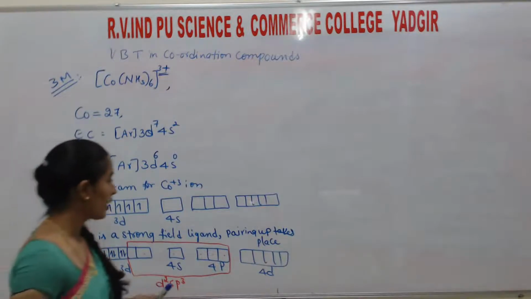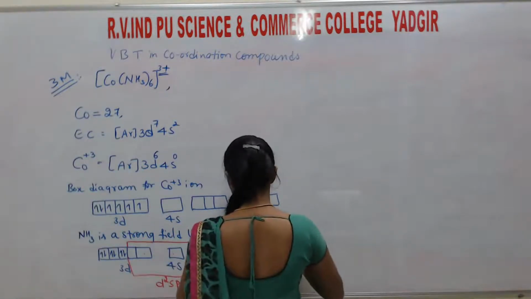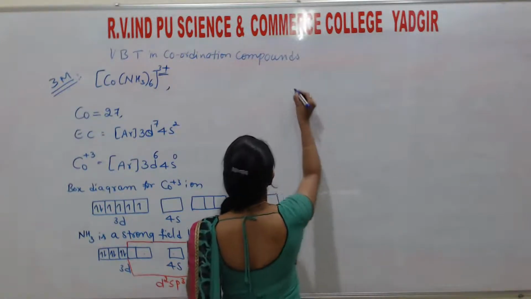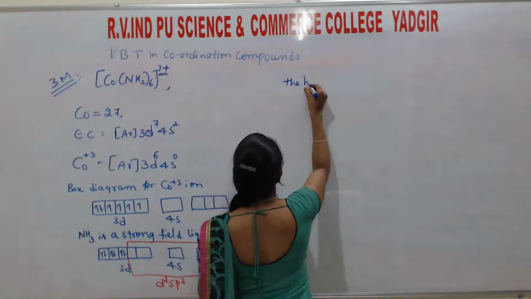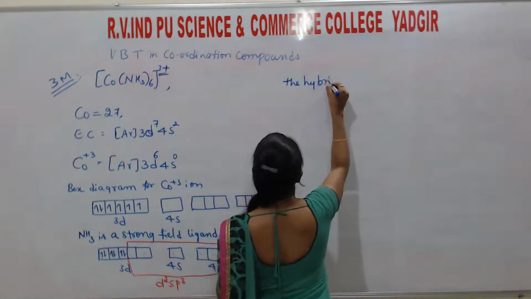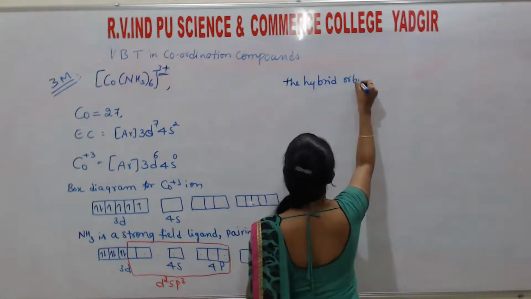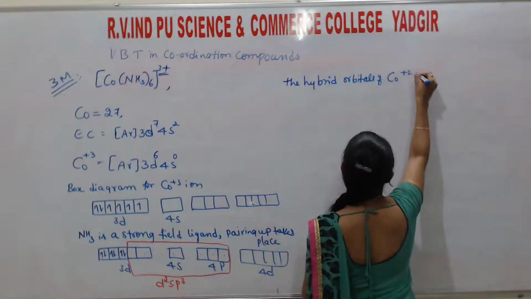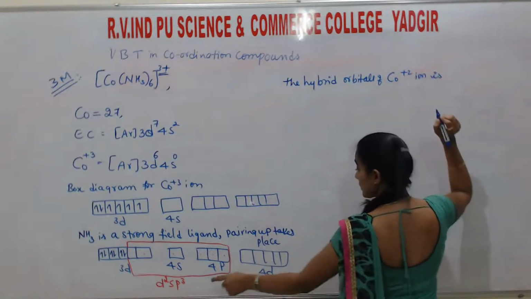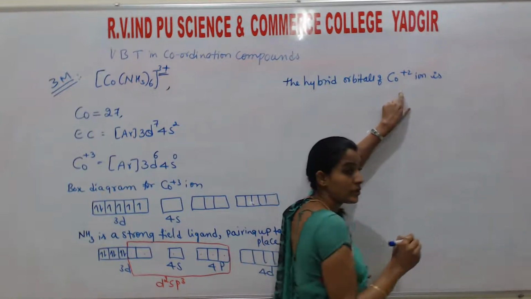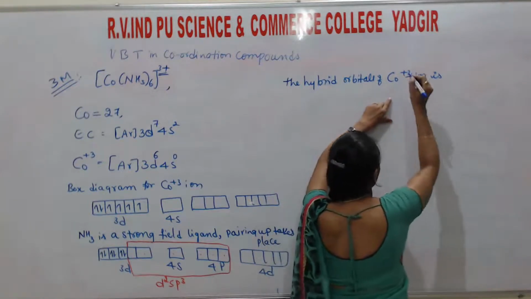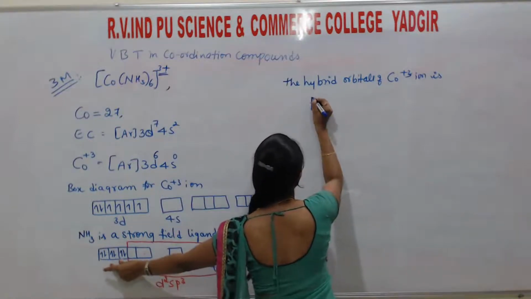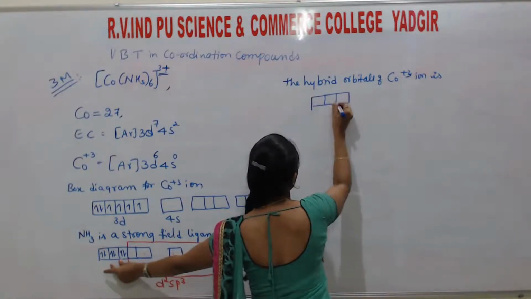So after this, you write the hybrid orbitals of the Co3+ ion. Here you just separate this pair of electrons like this.